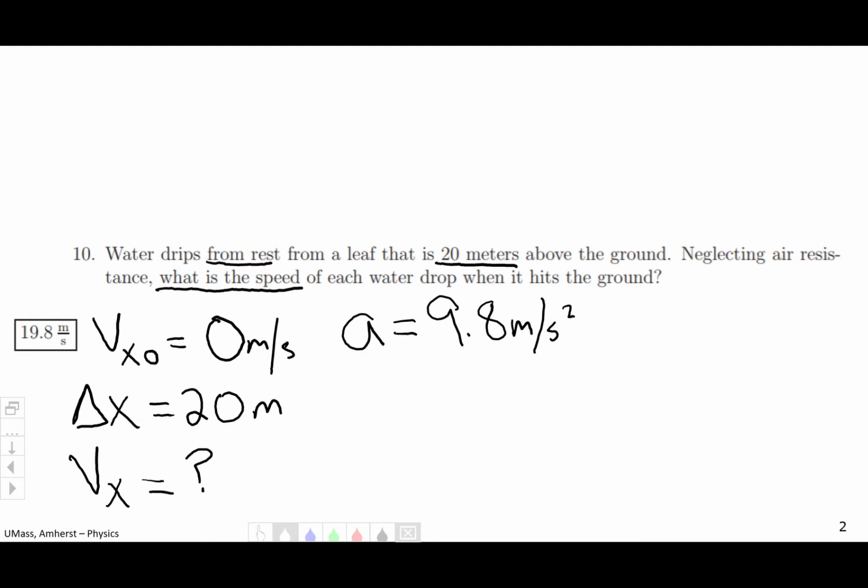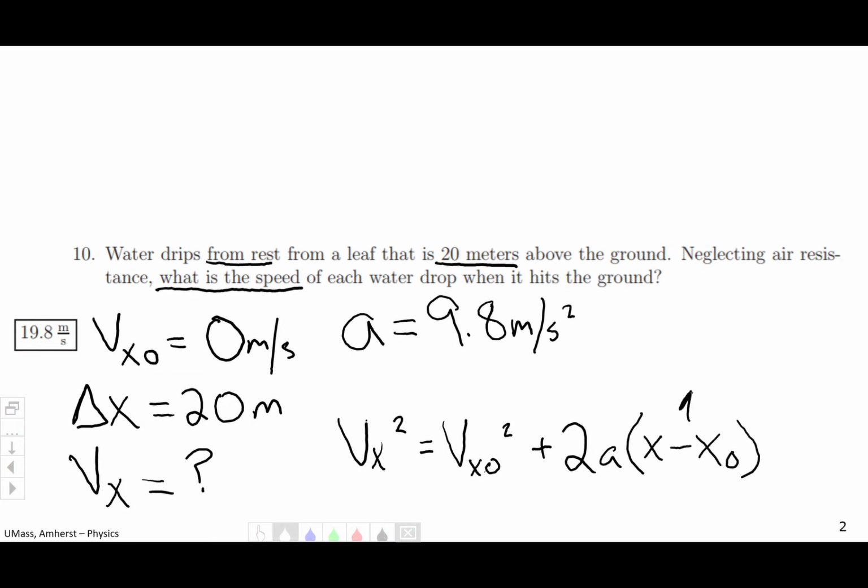So when time is not provided, we only have one equation that doesn't contain time, and that happens to be Vx squared equals Vx0 squared plus 2a times x minus x0, which we know is just the representation of delta x.